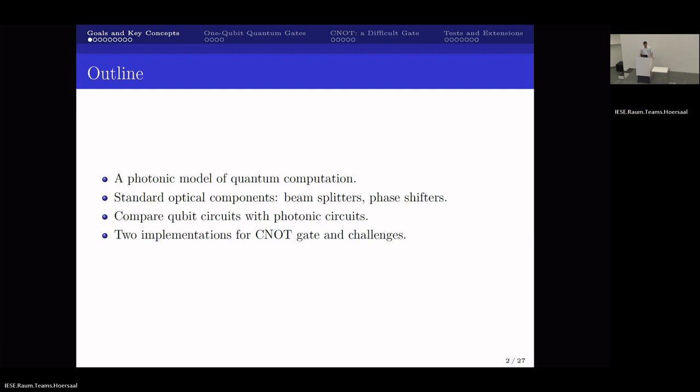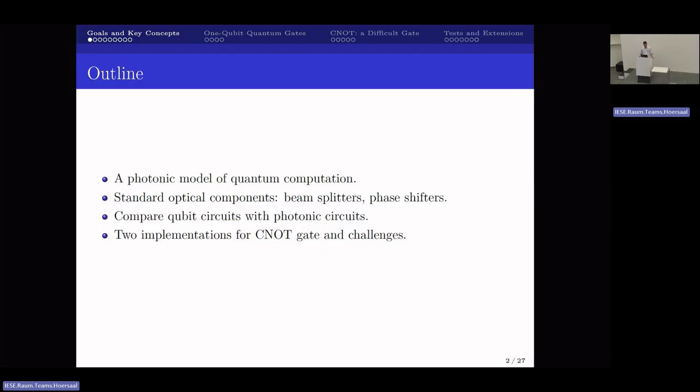Sorry? Oh, okay. So first, I'll introduce a photonic model of quantum computation, as we've seen one before, but I'll introduce another. And then I will show you how to rebuild the standard quantum gates, like the H gates and Pauli gates, from this photonic model using optical components.